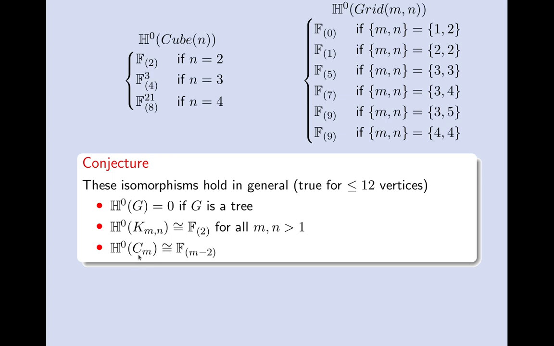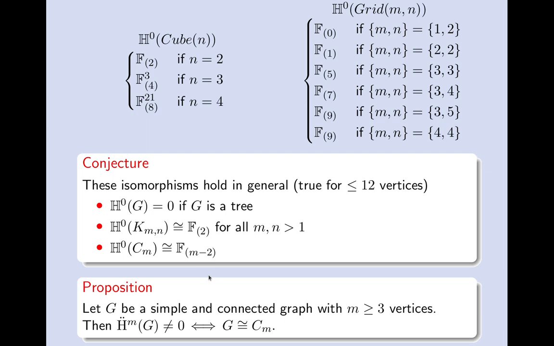Then also I conjecture that the cycle graph, so the triangulation of S1 with m vertices, is always of rank 1 and in degree m minus 2. Again, I wasn't able to prove this.